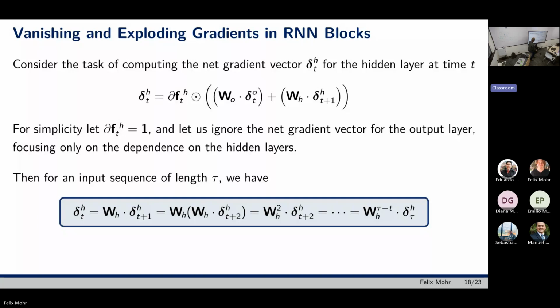So what you have in the beginning for, let's say, delta 0 is what you had in the end multiplied with the weight matrix multiplied with itself tau times. Okay. Why is this a problem?